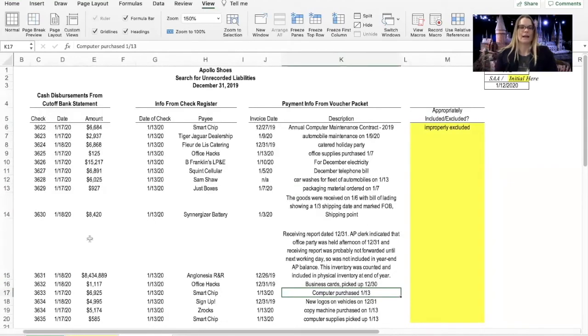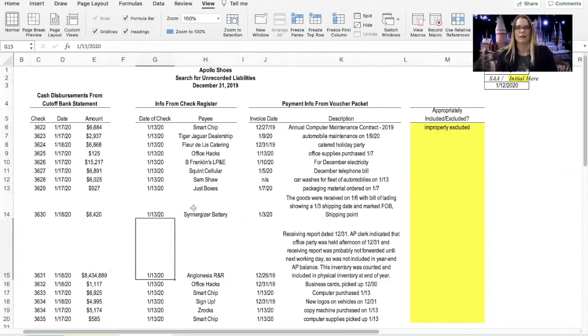But if these cash disbursements actually do relate to 2020, if they're relating to the year they're actually disbursed in, then there's no reason why they would need to be included in last year's AP balance. So those we would expect to be excluded.